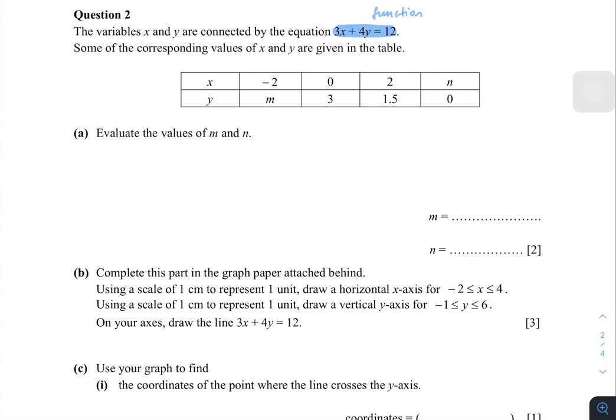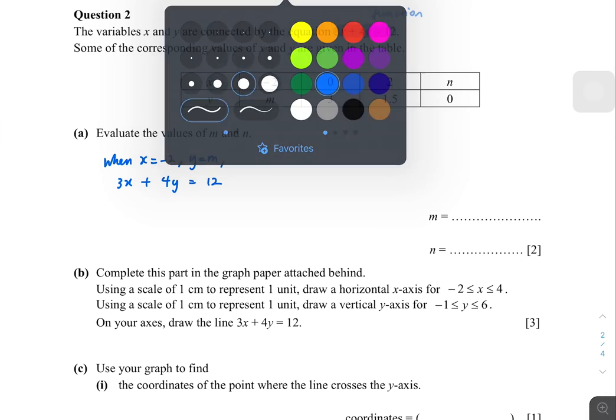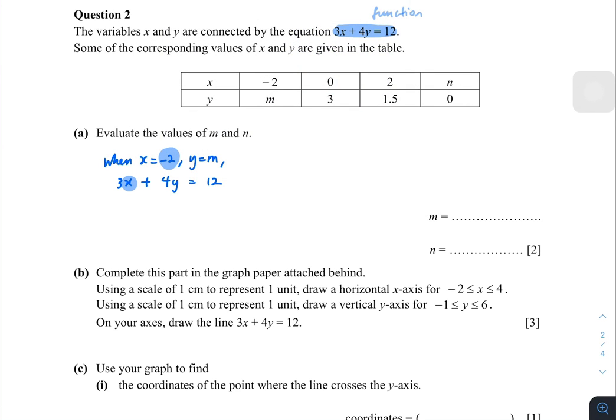When x is equal to negative 2 and y is equal to m, based on this function, the relationship of x and y, we just copy down this function. We will substitute the x here, and we will substitute the y here.